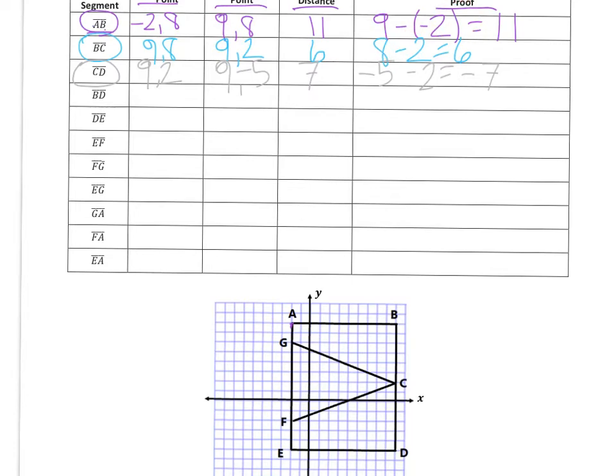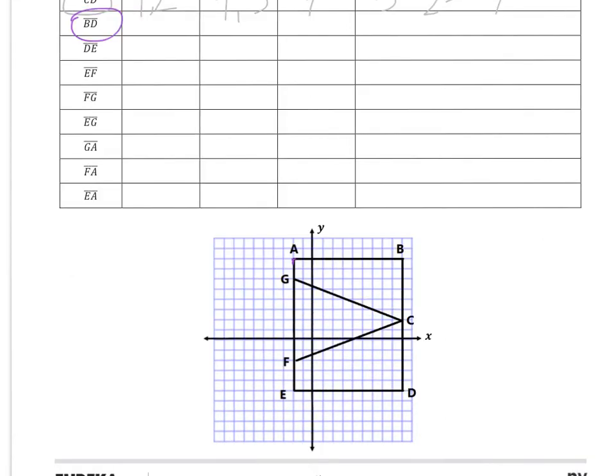Let's check out line segment BD. So B all the way through here, totally ignoring point C. So this time we at least already know both coordinates, so we know B is 9, 8, and D is also 9, negative 5.